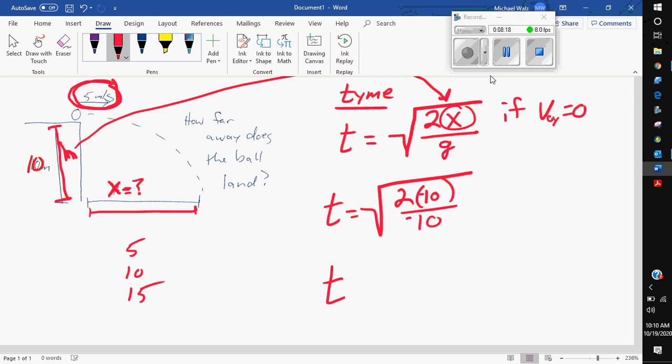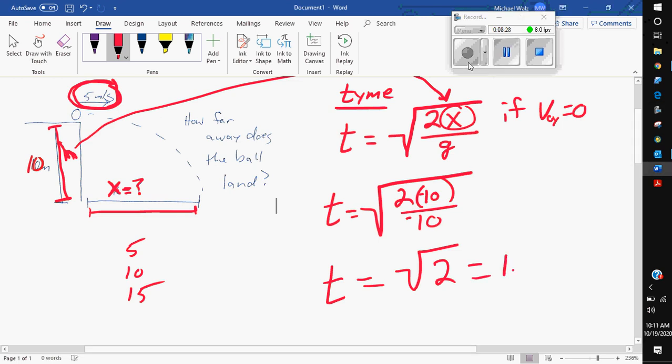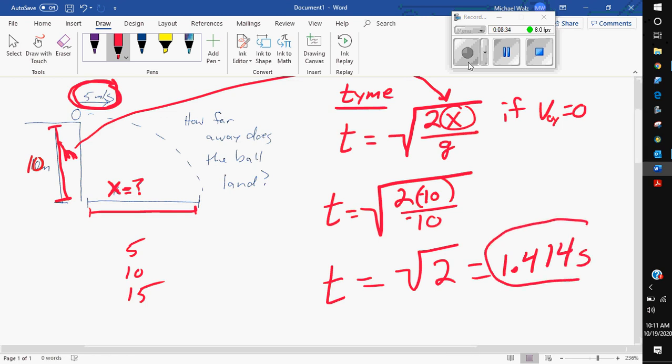But the time that takes to fall then is the square root of 2, which happens to be, thank you very much, Kaylee, 1.414 seconds. Now, let me tell you, when you do this math, you should leave that many decimal points until the end. So always do that.